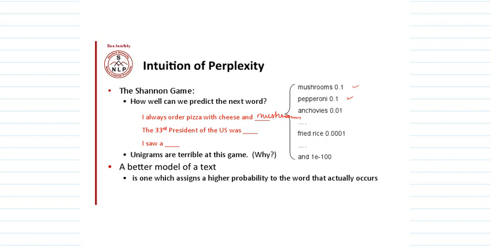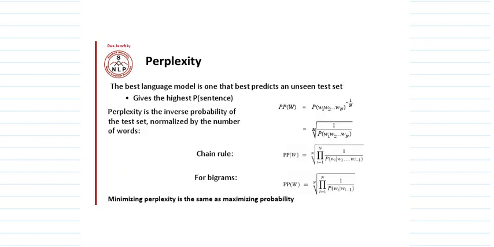The perplexity is also something like that, not exactly, but the perplexity formula is this. We have a sentence in which we have n words.